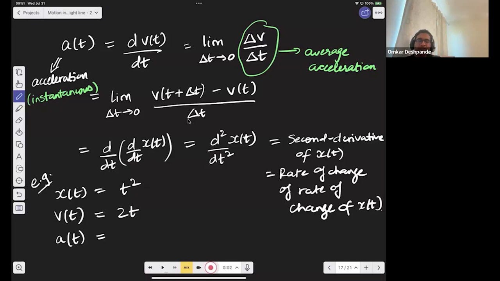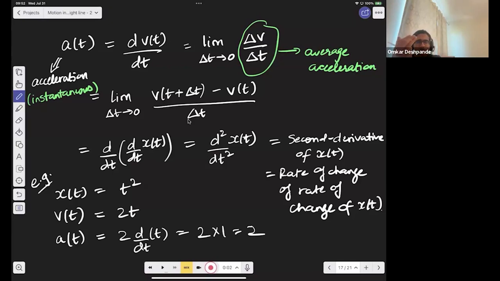We take the derivative of v of t with respect to time, and that would just be twice the derivative of t, twice d by dt of t. So that's just 2 by 1, or 2. So if we can go from x of t to v of t, we can go from v of t to a of t.